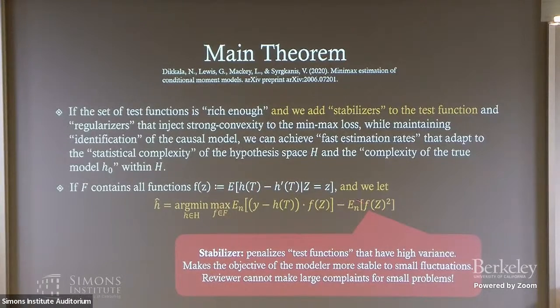It wasn't just the second moment of the test functions; it was the second moment multiplied by the residuals, which has a different behavior. Here we don't even add residuals in this second moment. It's just the second moment of the test function, and the reasoning why we add this is also very different to the reasoning why Nathan added it in order to get the efficient GMM. Here we're going to add it to get these fast estimation rates. Okay?